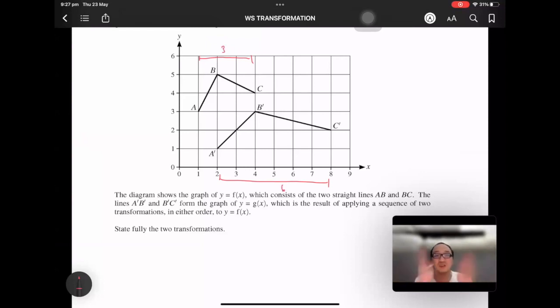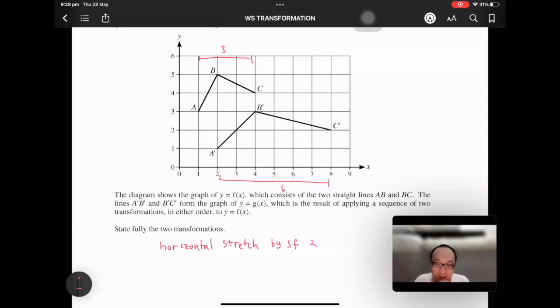So it will be multiplied by 2. So this is the horizontal stretch by scale factor 2.